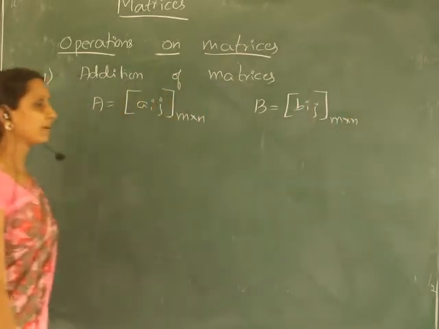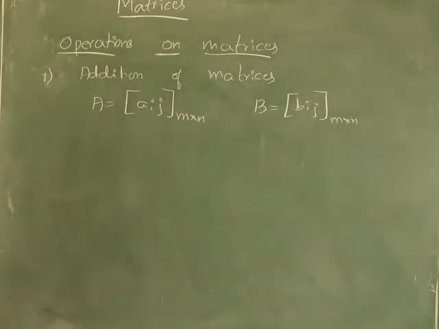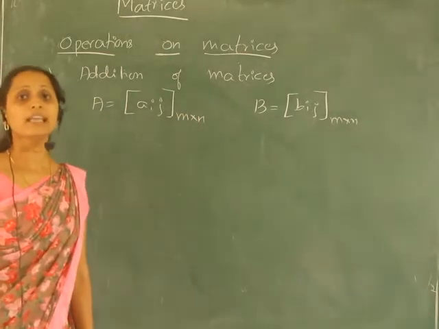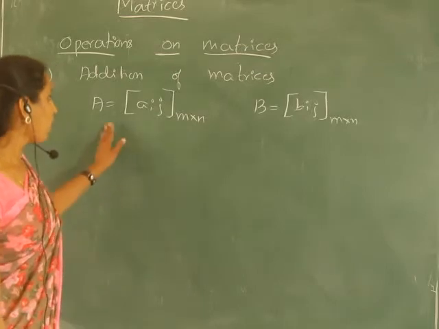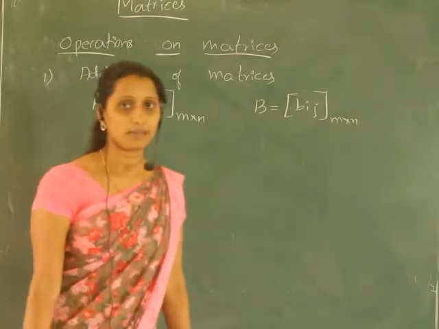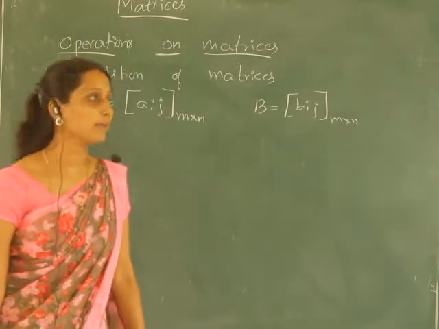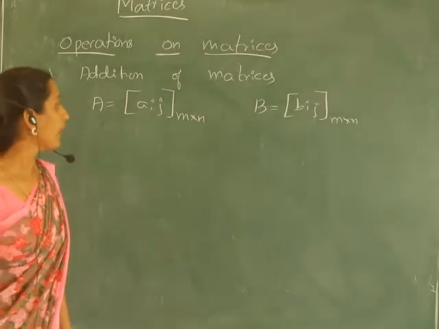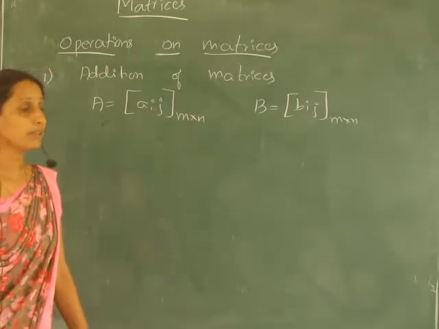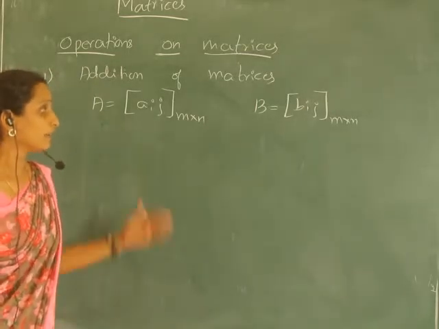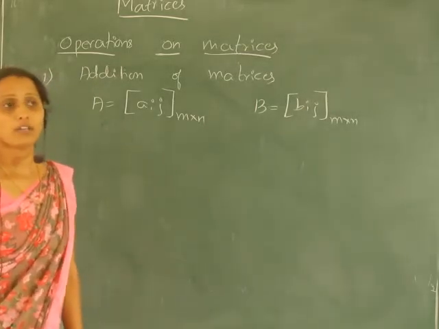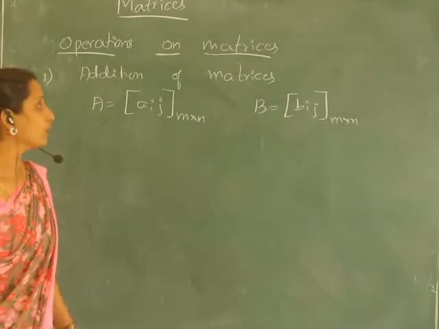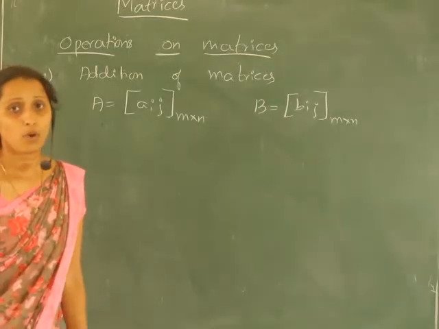Addition of these two matrices A and B is possible only when the order of these two matrices is the same. If A is a matrix of order m by n, then B should be of the same order m by n. Then only is addition of two matrices possible.